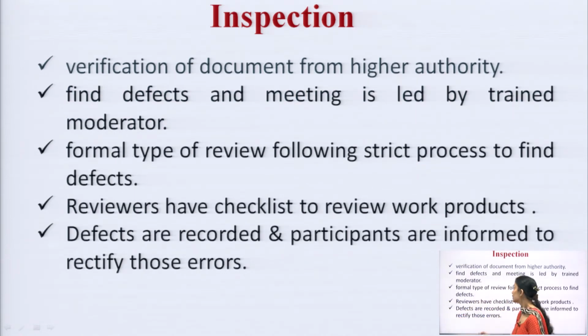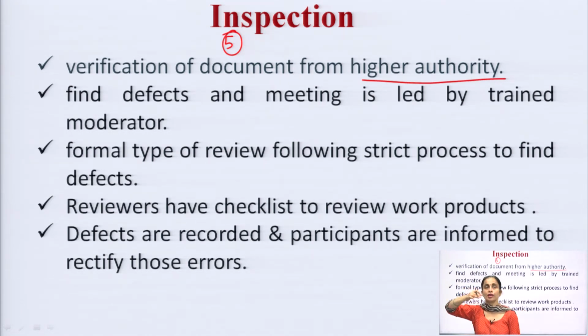Then the next process, the fifth, is inspection. Inspection means we are verifying the document with the higher authority, that is, the higher authority process is doing the inspection. The main aim is to find the defects and the meeting is led by a trained moderator.